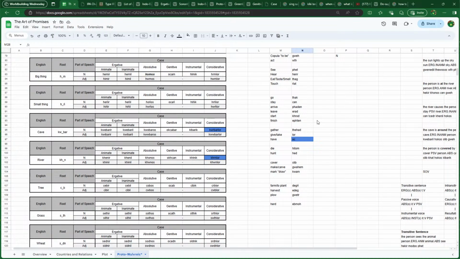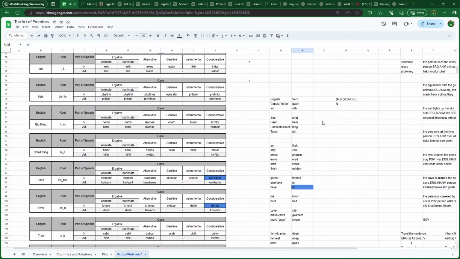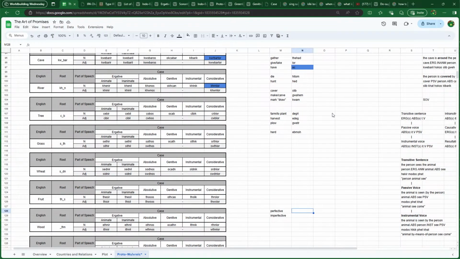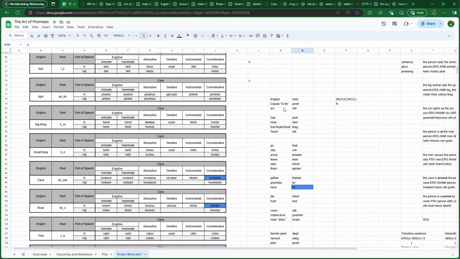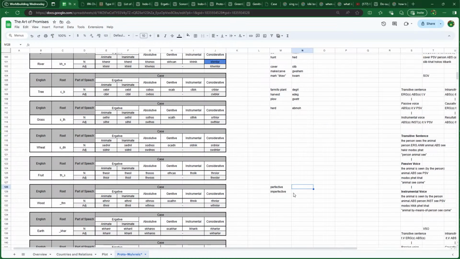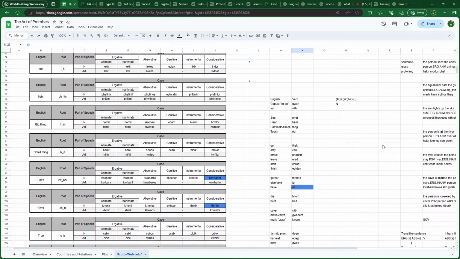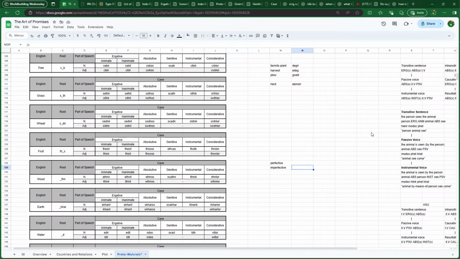But what verbs do I use? Oh, I know. For the imperfective, I can add the word act.